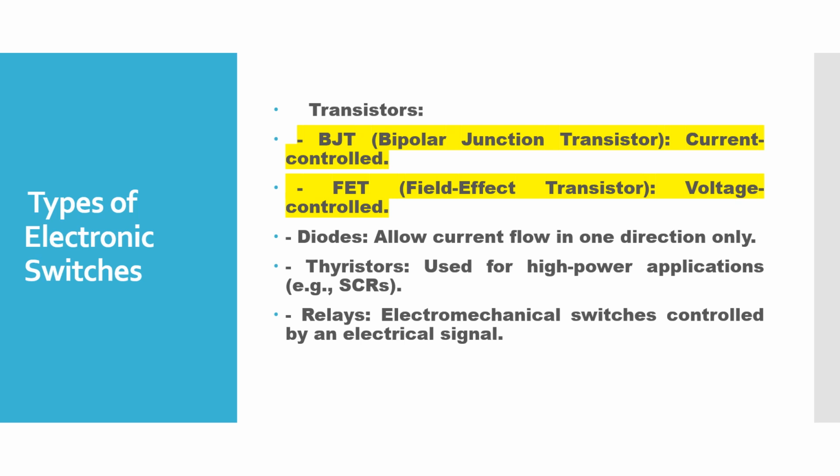A diode is also a switch that allows flow of current in one direction. Though we have thyristors, thermistors, and relays, as I said earlier, these are electromechanical switching controls, which also still use an electrical signal to switch on and to allow the movement from maybe normally closed to normally open.